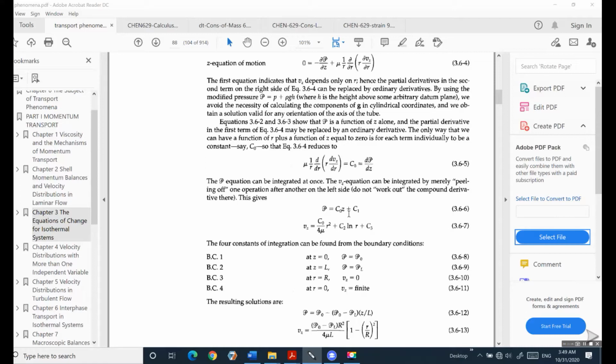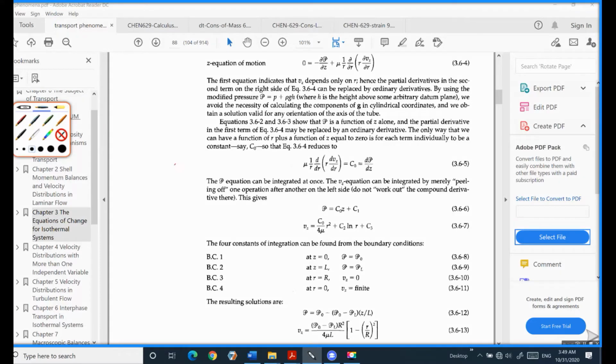Now in total, in this solution we have 4 constants. These are c0, c1, c2 and c3. That's why we have 4 unknowns.